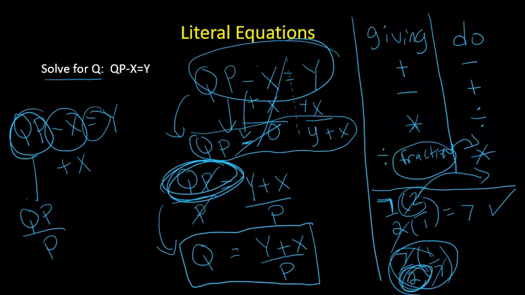You move the 2 first. You move it over to the other side of that equal sign. And then you start messing with the 7, right? If that makes sense. So sometimes you got to take the thing you're messing with and throw it over on the other side and then move it back later on. So it gets a little bit tricky. And I'll show you what that means.